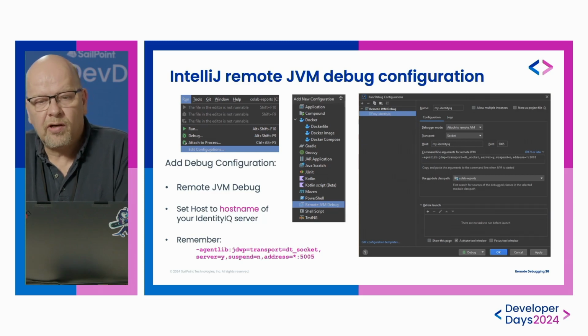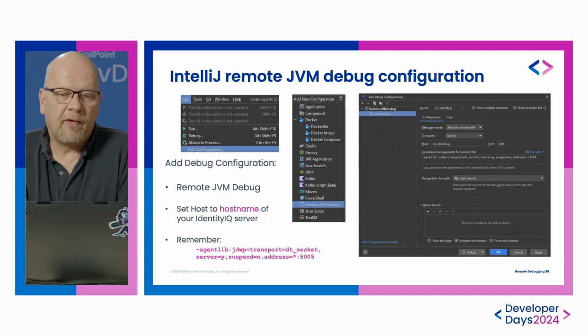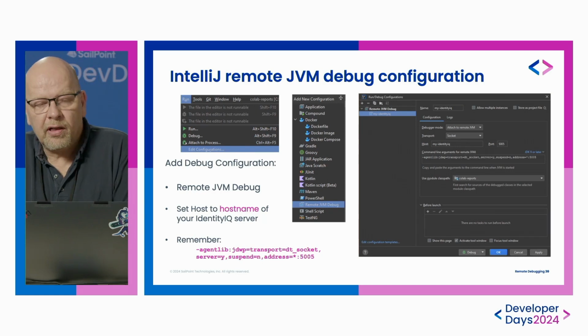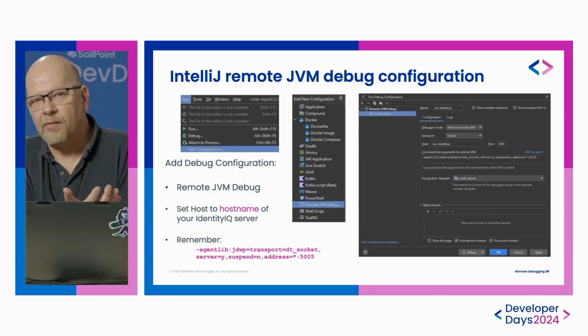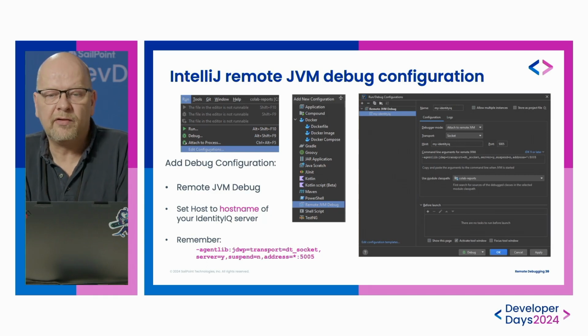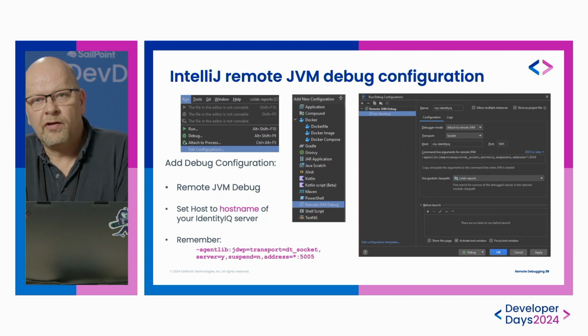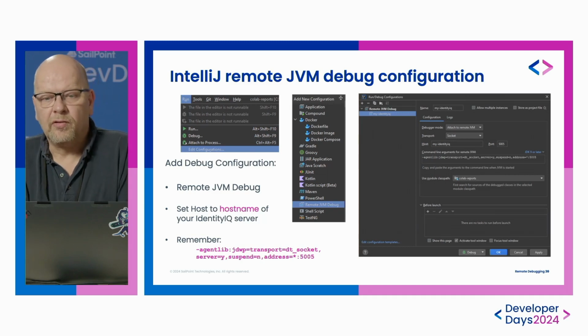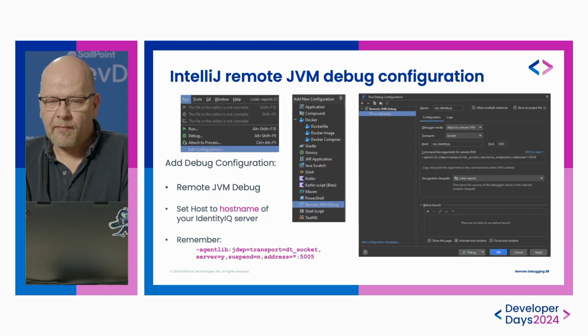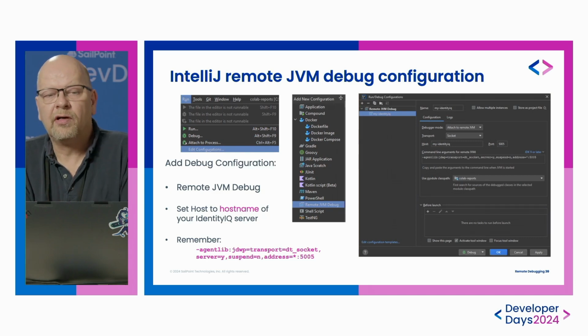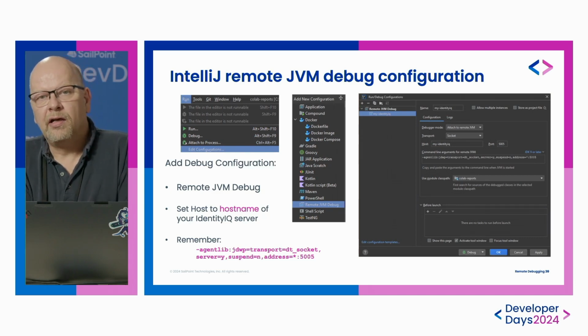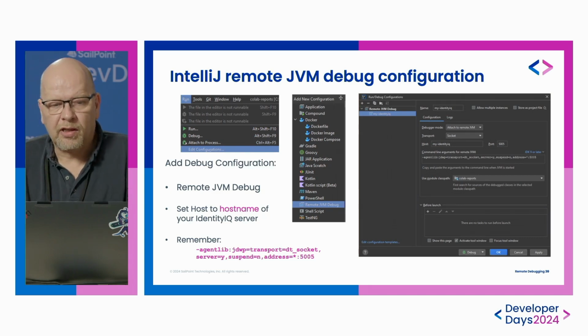But basically what you are doing is you set up a run environment in debug mode in IntelliJ, specify which server you want to debug, which Java environment basically, in this case Tomcat, and how you want to connect to it using the wire interface protocol. And it will help you by stating what you need to put in your Java environment or Tomcat to make sure that the debugging mode is enabled on Tomcat itself.